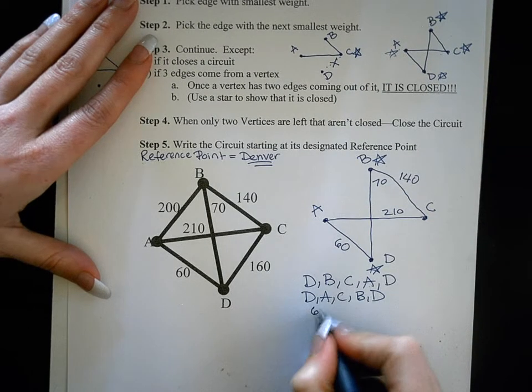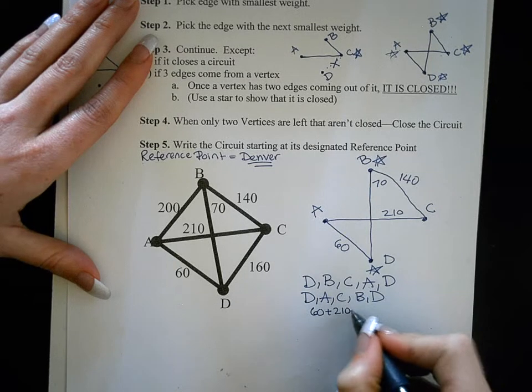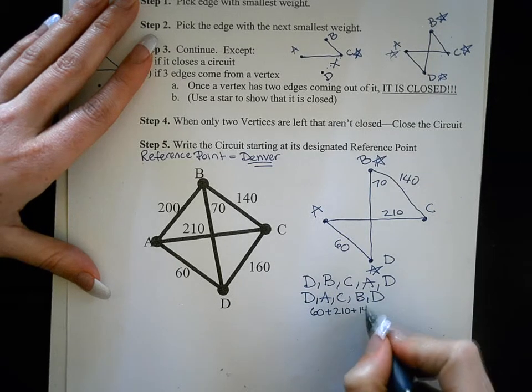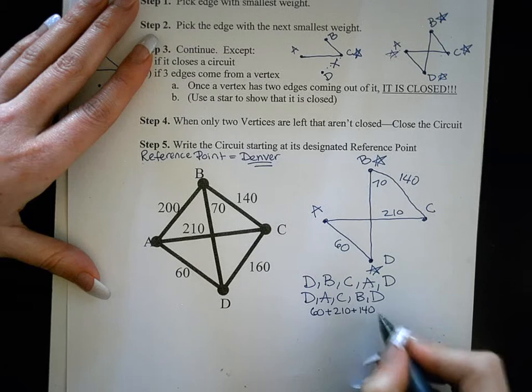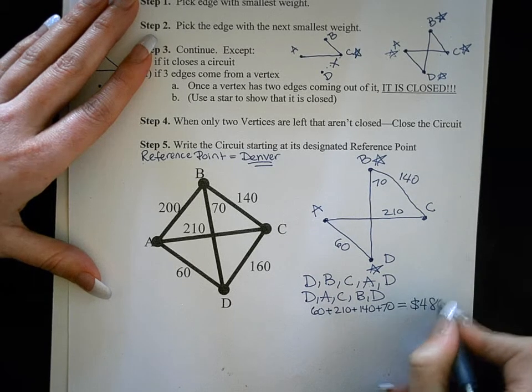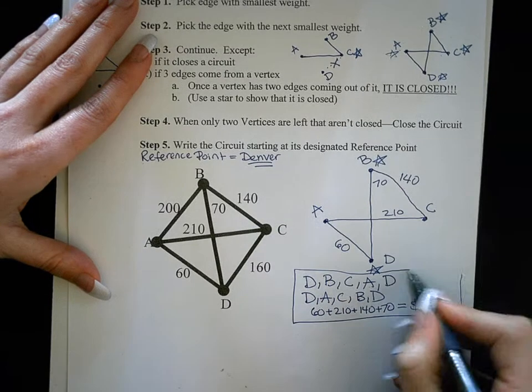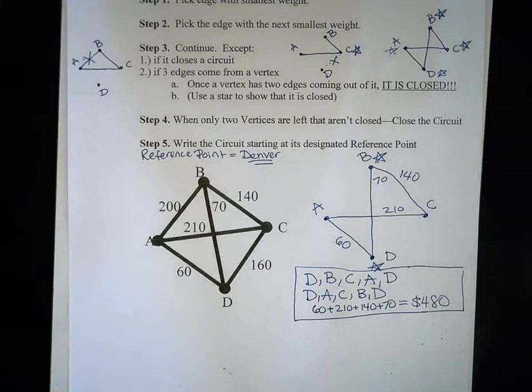DA would be 60, DC would be 210, CB is 140, BD is 70, and that's a total cost of 480. So that would be the answer of this particular problem using the cheapest link algorithm.